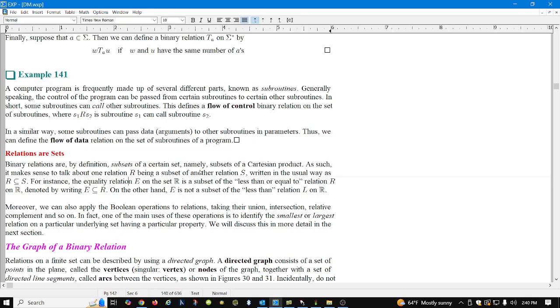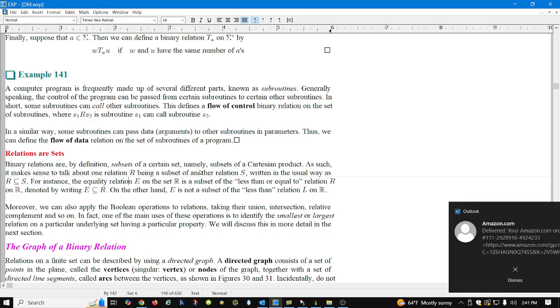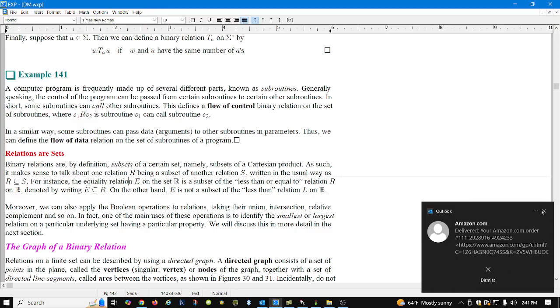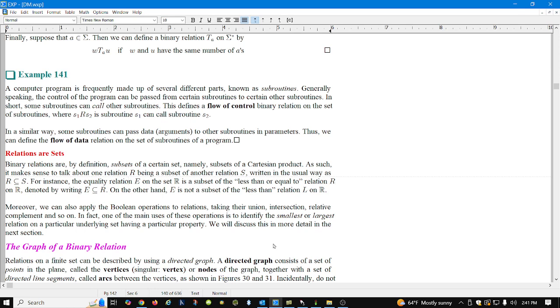So also because of the fact that relations are subsets of a universal set, a Cartesian product, we can also apply the Boolean operations to relations. We can take the unions, intersections, relative complements, and so on. And this is really quite important. One of the main uses of the Boolean operations is to identify the smallest or the largest relation on a particular underlying set that has a specific property.